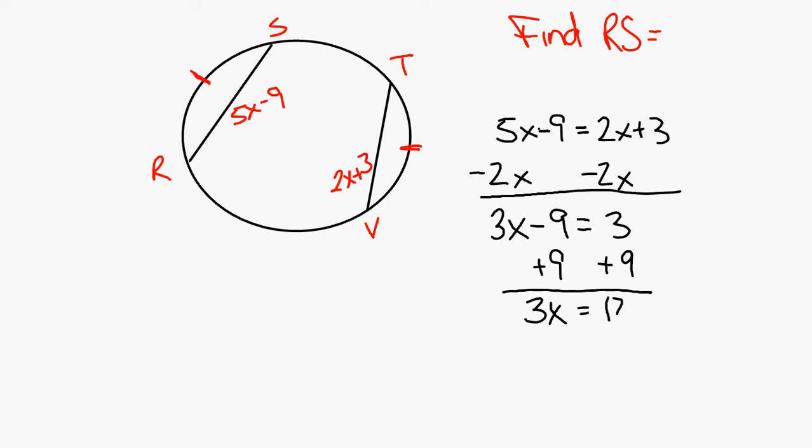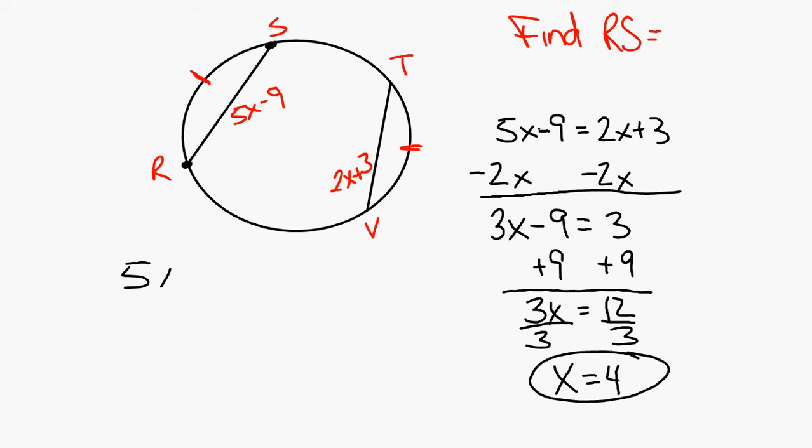Then you can divide both sides by 3. X would be equal to 4. Alright, but again, you weren't asked to find the value of x, you're asked to find RS. So RS is equal to 5x minus 9, so you replace the x with the 4. Five times 4, you got 20 minus 9, and 20 minus 9 is 11. So chord RS is equal to 11.